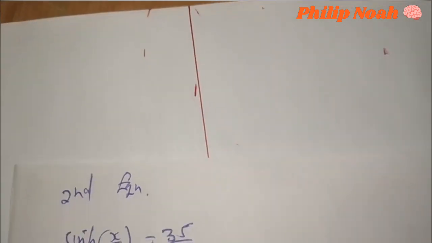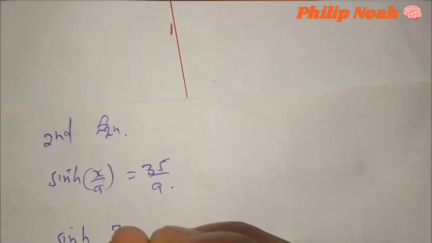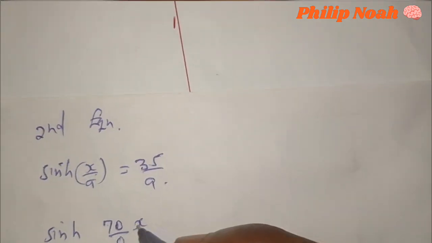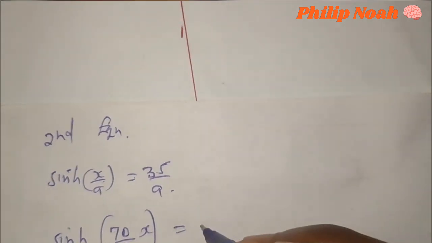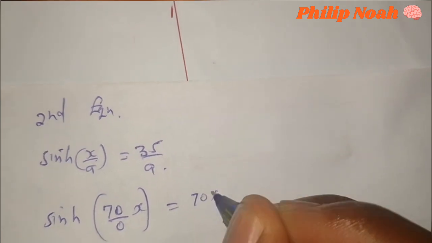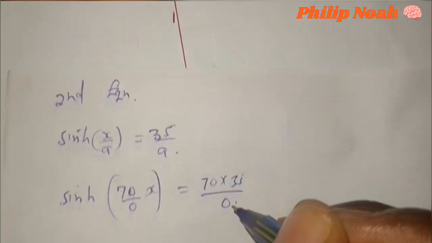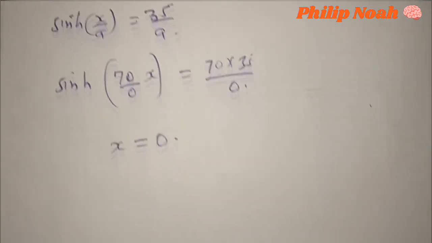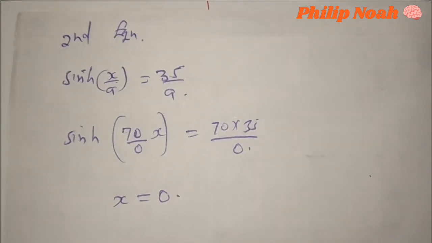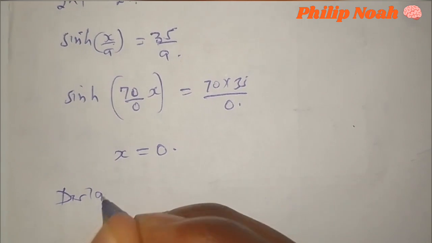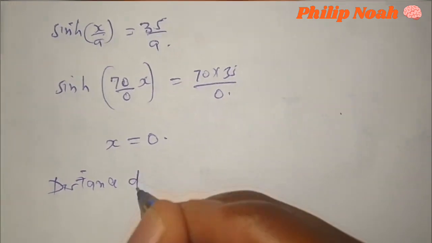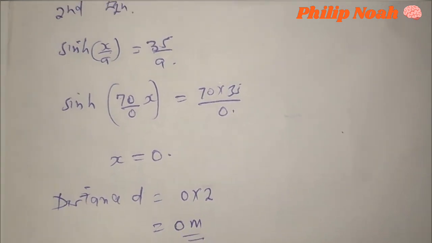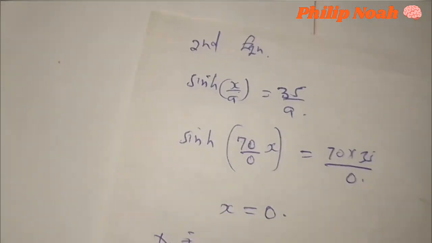So it's going to be 70 over 0 X is equal to 70 times 35 over 0. This will give X as 0. So the distance D between the two poles for B will be 0 times 2. We get 0 meters. That's one of the methods for solving B.